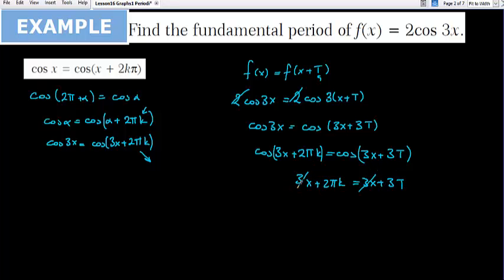So 3x and 3x, if we simplify, 2 pi k is going to be equal to 3T. So 2 pi k over 3 is equal to T. So the fundamental period for this function is 2 pi k over 3.